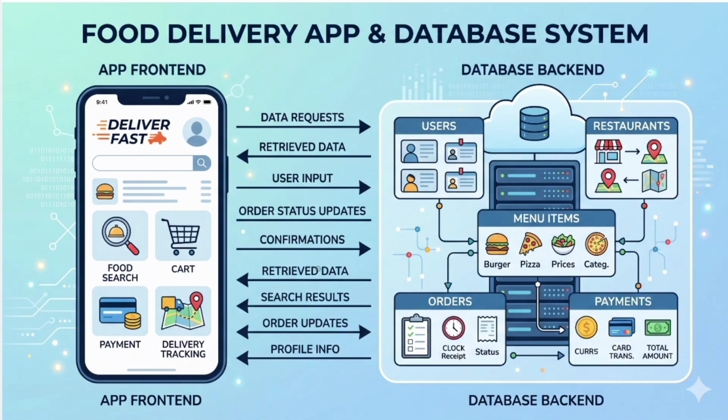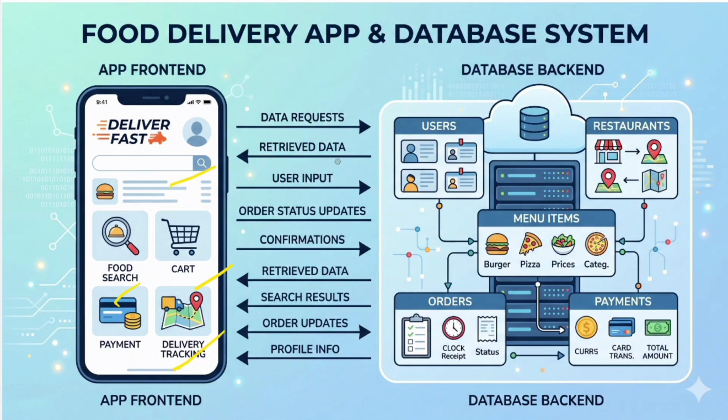Let's understand this with the food delivery example. When we open the application, we see search, food, cart, payment, delivery tracking. But behind the app screen, a database is working quietly. When the user searches for a food, the app asks the database for restaurant and menu details.